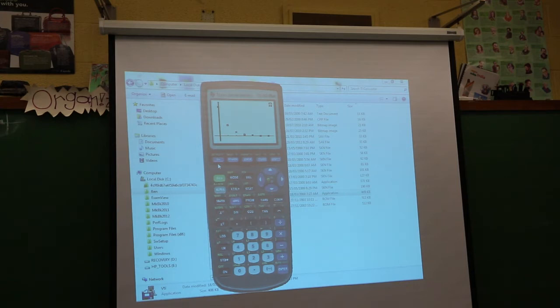Okay, now, does it make sense that I would pick exponential in this case? It does, A, because of the shape, and B, most of you have an idea that when you're dealing with things like radiation from isotopes, or cell division, or compound interest, you're talking about an exponential function.